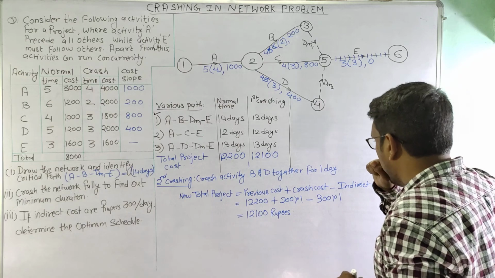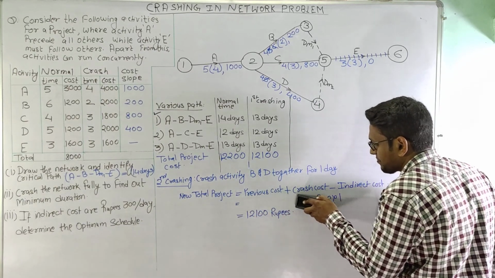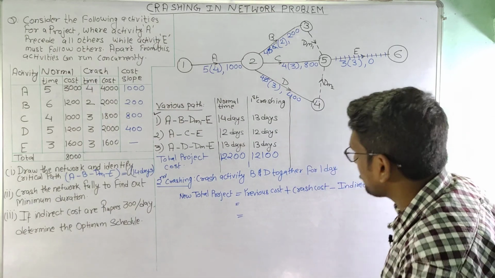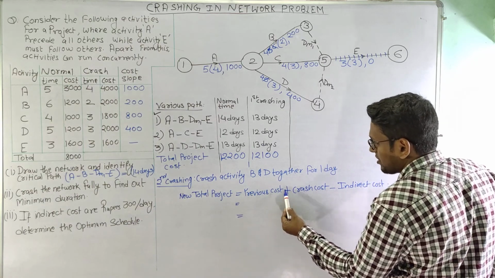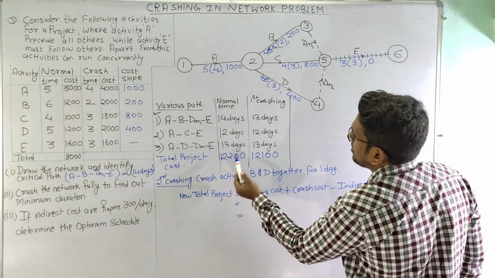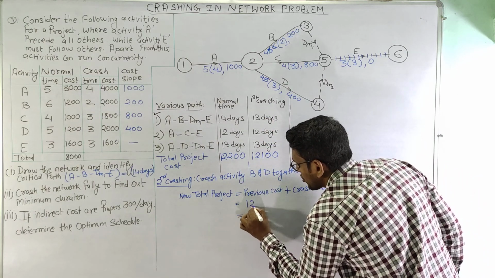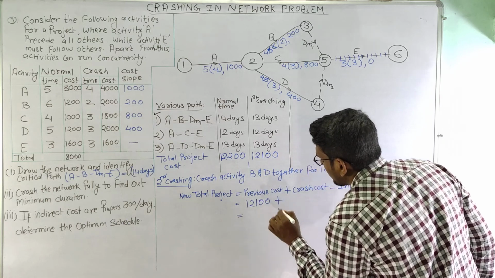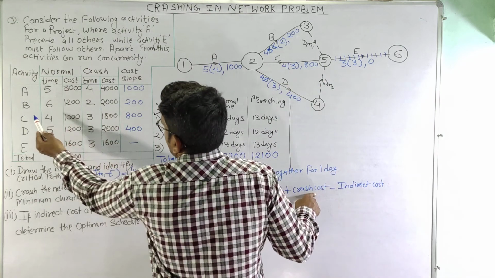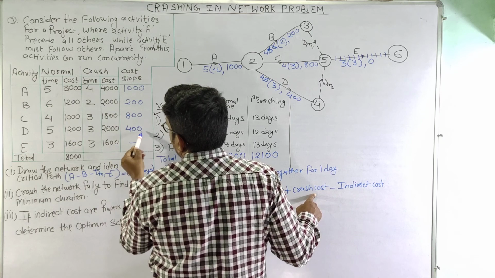Now let us calculate the new total project cost. So new total project cost is the previous cost plus crash cost minus indirect cost. So the previous cost here will be this first crashing cost. Now this will be 12100 plus the crash cost. As we have seen, if we crash activity B, slope is 200. If I crash activity D, slope is 400.